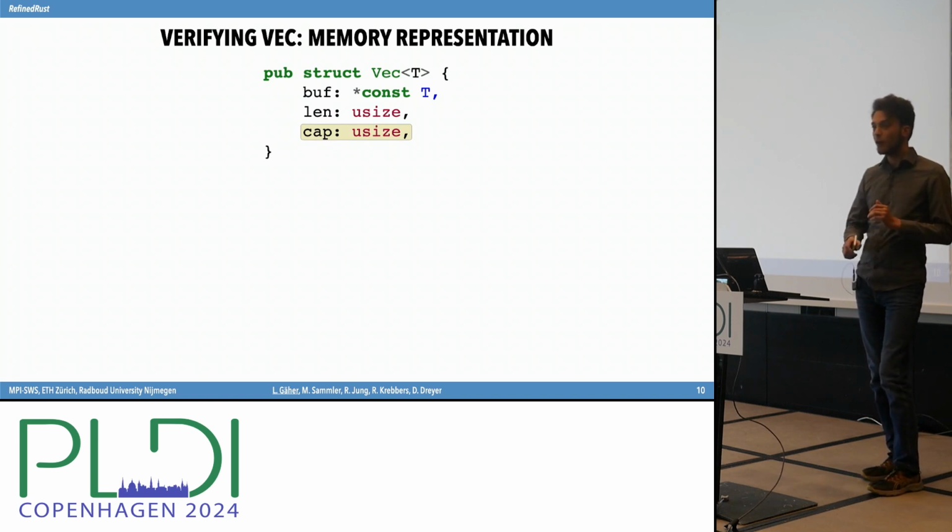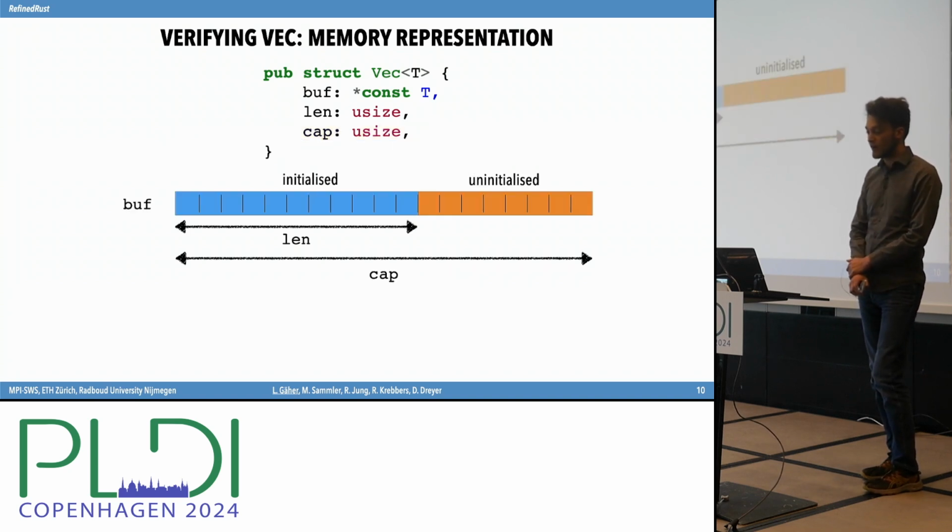Now, to understand how we verify that, let's look at how the vector manages its buffer. The memory pointed to by the buf field basically consists of an initialized segment here in blue on the left, and this contains the elements of the vector, and an uninitialized segment on the right in orange with the over-allocated memory.